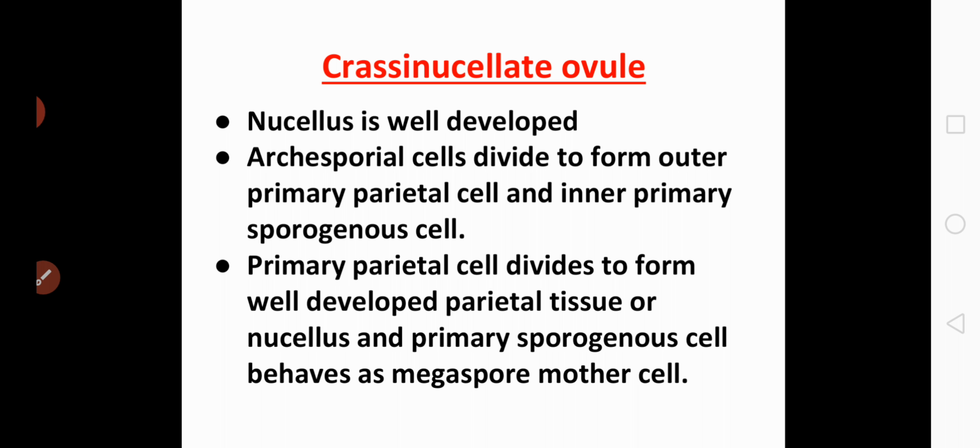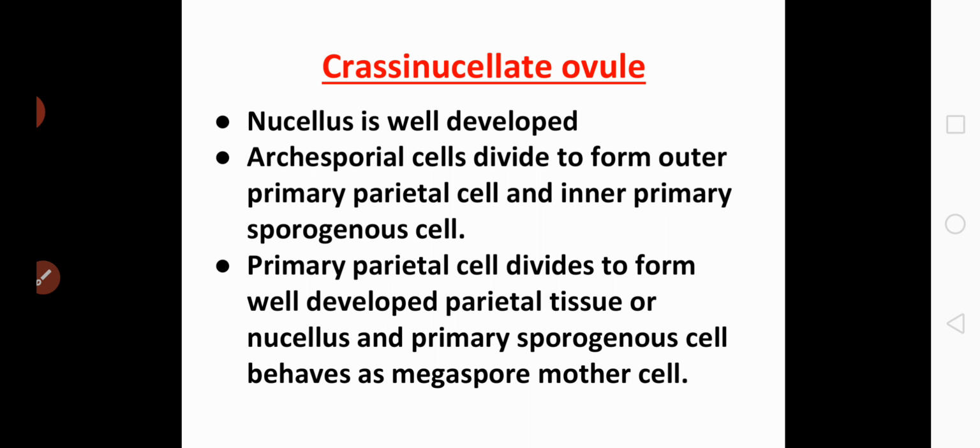The outer cell is called the primary parietal cell and the inner cell is called the primary sporogenous cell. Later on, the primary parietal cell divides to form well-developed parietal tissue or nucellus, and the primary sporogenous cell behaves as the megaspore mother cell.